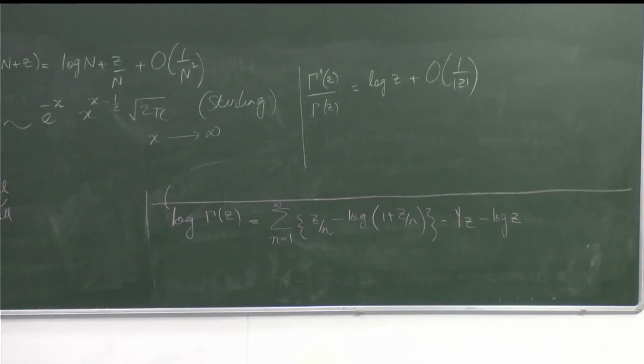Now, how do you get this one from what we have just got? You have log of gamma of z, and all you have to do is differentiate this. Can you do this yourself?